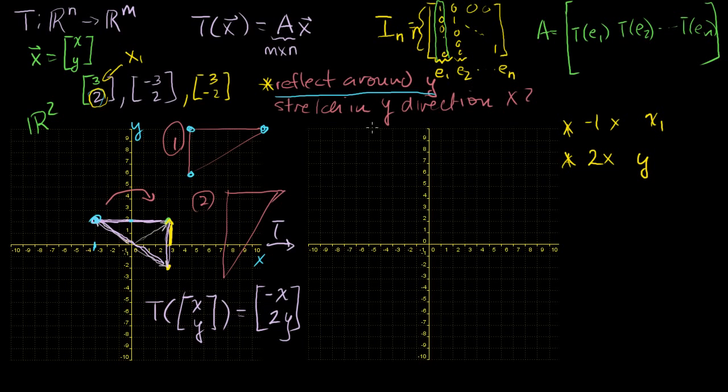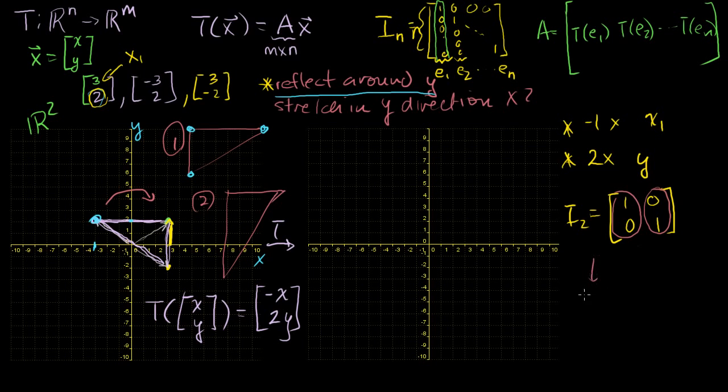So what you do is we're dealing in R2, so you start off with the identity matrix in R2, which is just 1, 0, 0, 1. And you apply this transformation to each of the columns of that identity matrix. So if you apply the transformation to this first column, what do you get?